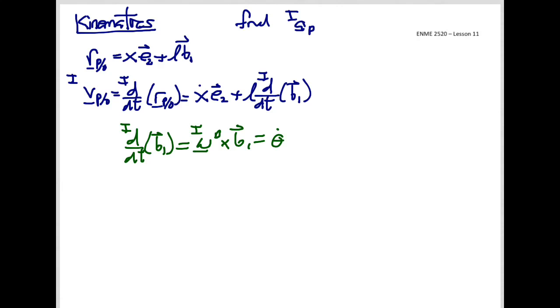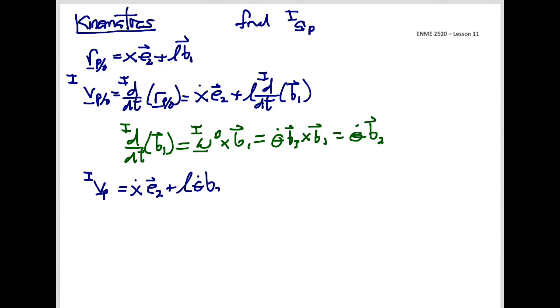It's theta dot B sub 3 cross with B sub 1, and so we get from this theta dot B sub 2. Substituting this in, we get the velocity of point P as observed in the inertial reference frame is equal to x dot in the E2 direction plus L theta dot in the B2 direction.